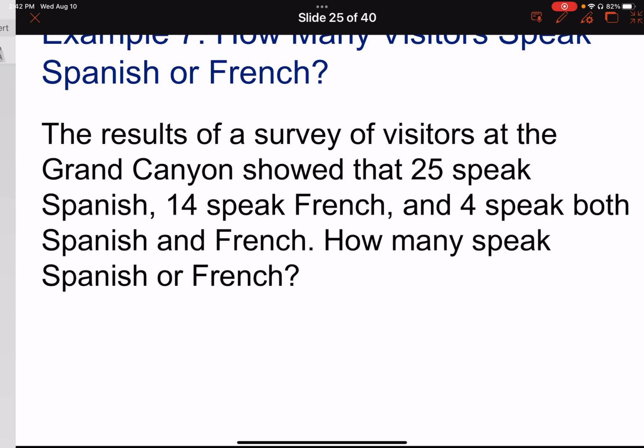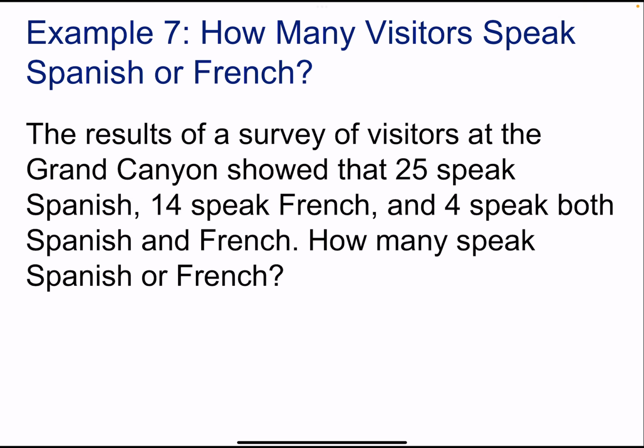So let's look at this example here. How many visitors speak Spanish or French? Let's say we are looking at visitors at the Grand Canyon, a great tourist place. I've been there one time.